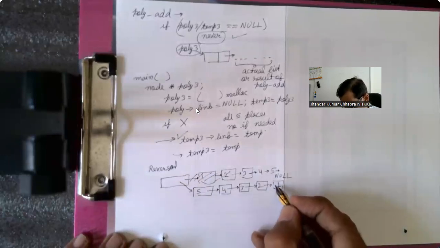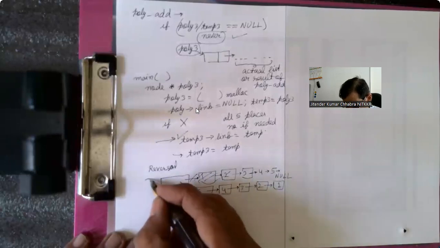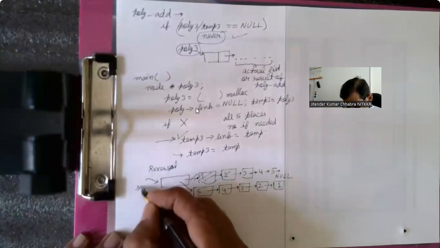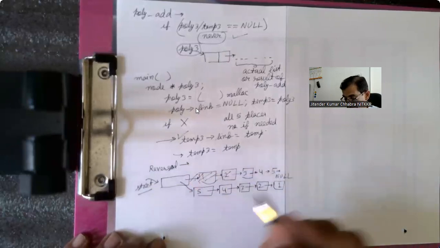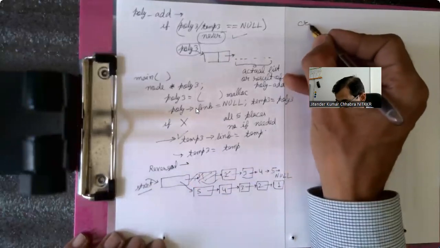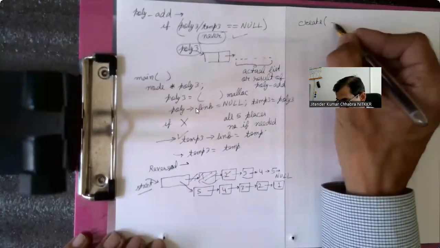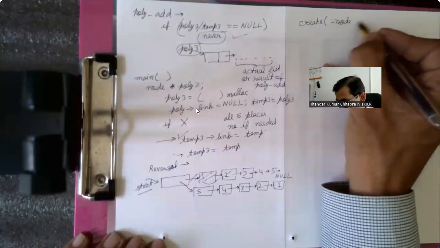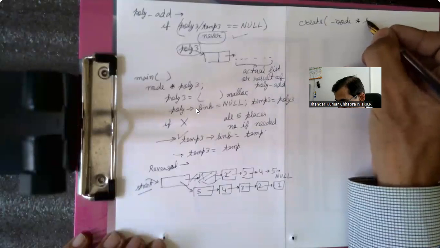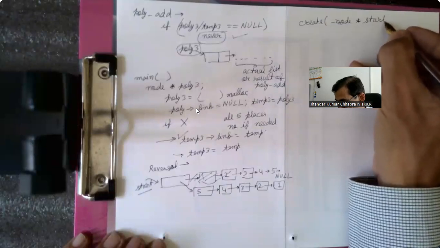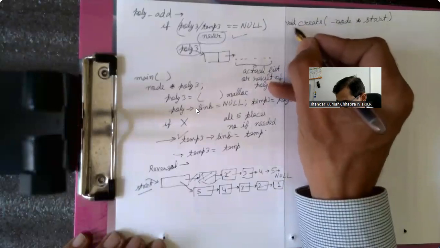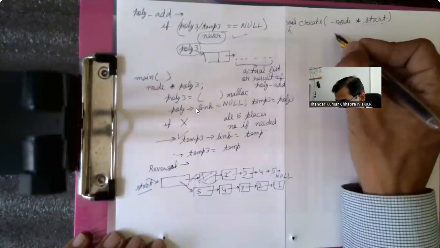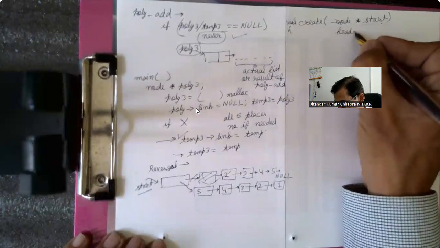Even if the list was empty, the situation will still be the same, because the start will never change. So reversal can be okay. Not only that, even create: you can pass here node star create, node star start or head, and no double pointer is needed, it can still be void, and creation can be done from the header node onwards.